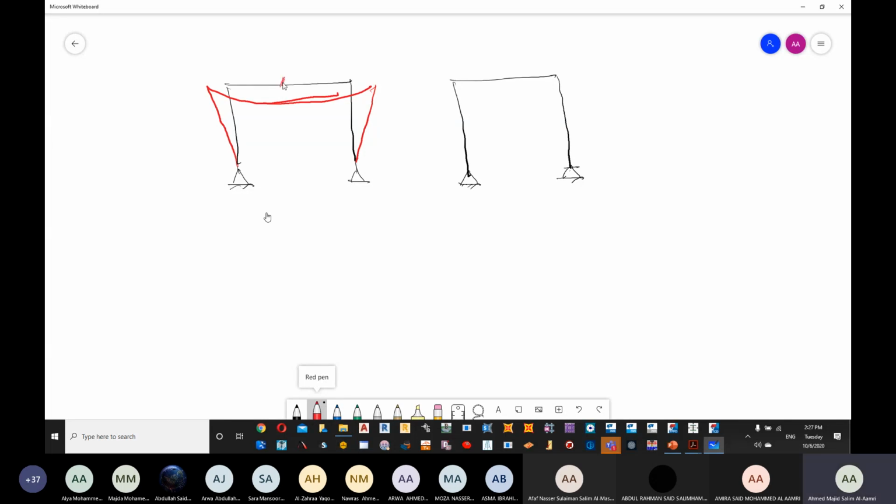When this particular member goes down, it will push this column outside and it will push the other column outside. Same thing is happening here. Same thing is going to happen here.